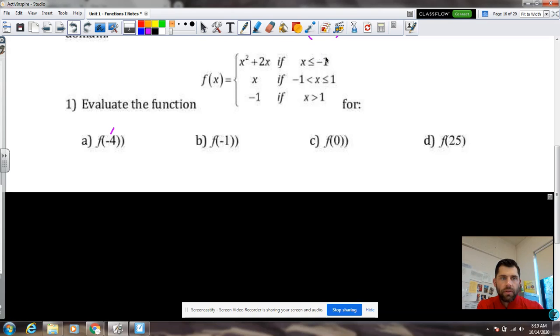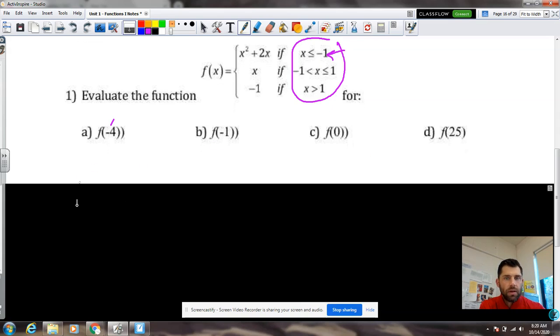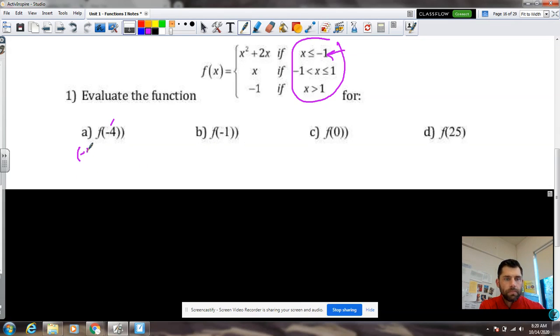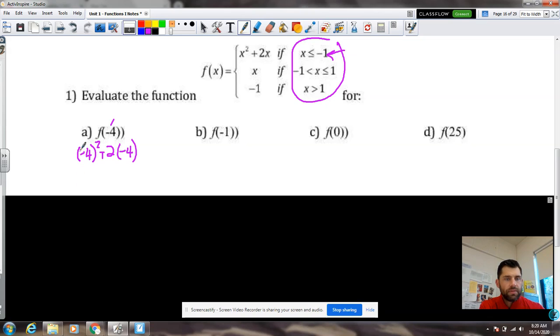So I look at which part of the domain we need to follow here. So -4 falls in this topmost domain. So the rule is x² + 2x if x is less than or equal to -1, which it is in this case. So I plug in -4 for my x's, and that's the rule that I'm following. So we have 16 minus 8, which is 8.